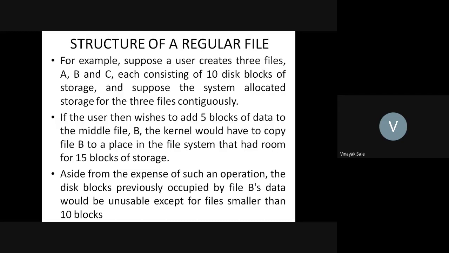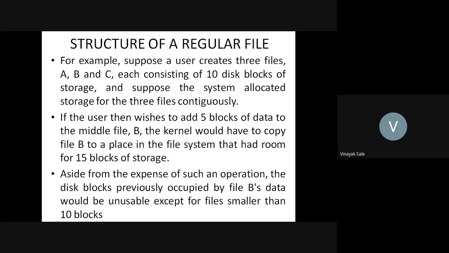So what is the structure of a regular file? See from the previous figure, there are three files A, B, C consisting of 10 disk blocks of storage, and suppose the system has allocated storage for the three different files continuously.